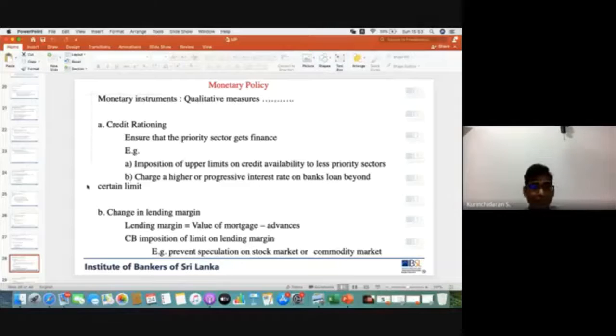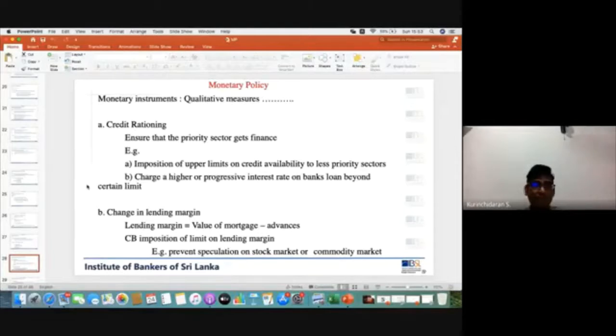They are reluctant to lend. So then the central bank can say, no, you have to lend to the agriculture sector. These are the priority sectors, or agriculture, or maybe fisheries, or small and medium scale entrepreneurs. So the central bank can direct the banks to lend to those priority sectors.